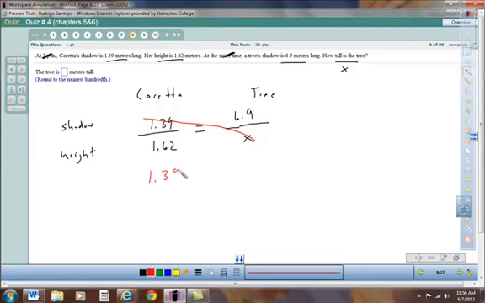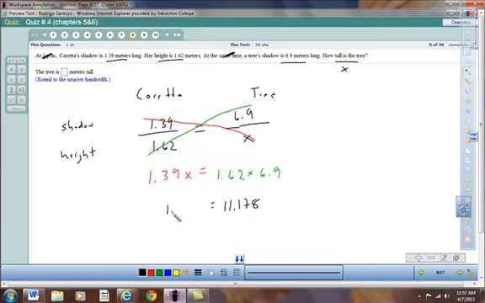On one side we get 1.3x, and on the other side we're going to get 1.62 times 6.9. So let's multiply 1.62 times 6.9. That gives us a solution of 11.178.